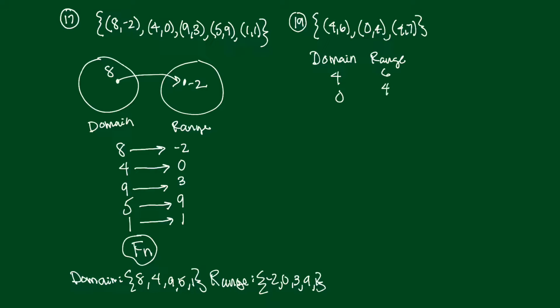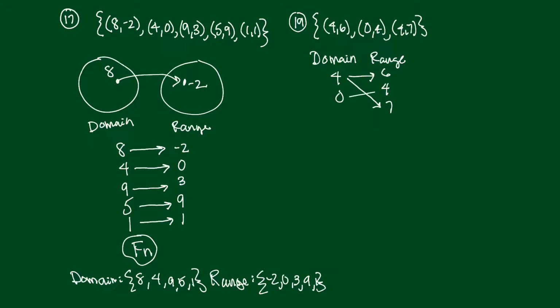And now, is this or is this not a function? Well, look at this domain element 4. Where does it get mapped to? 4 goes to 6, but what about over here? 4 also goes to 7. So right away, this is not a function.